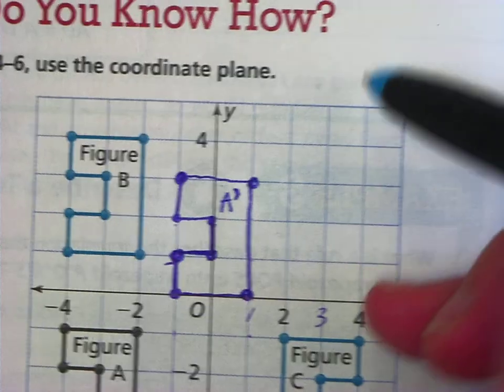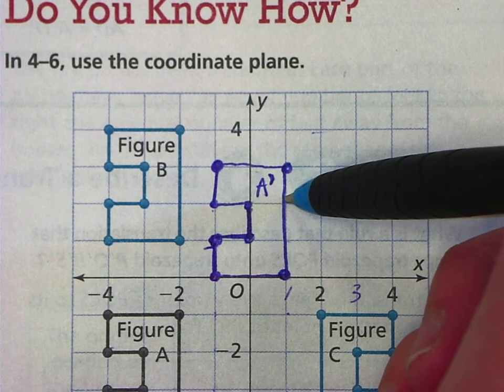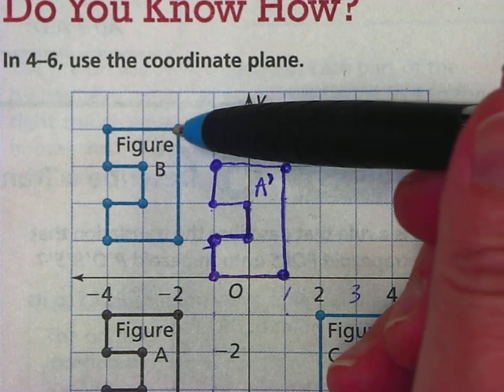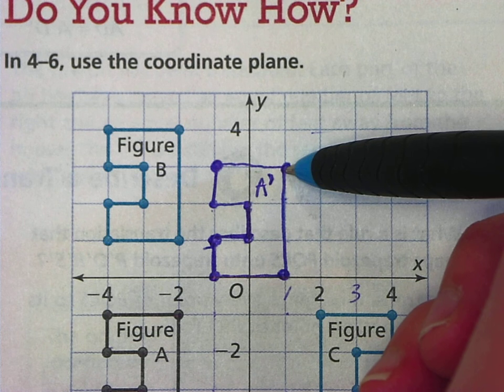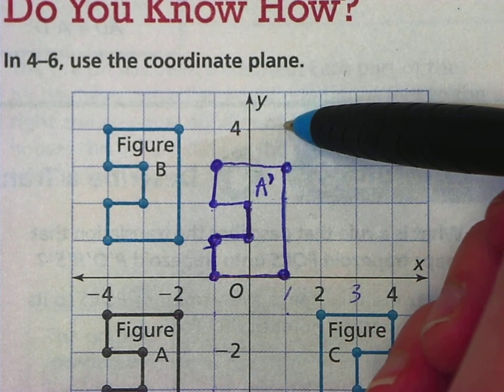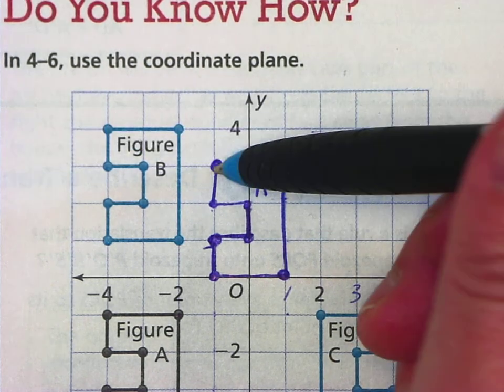So describe the translation. Now, if I want to figure out how I translated figure B to this one that we just drew, how to go from this one to this one, well, this top right corner has to land on this top right corner. So I could move 1, 2, 3 units to the right and 1 unit down. And this top left has to go on top left.